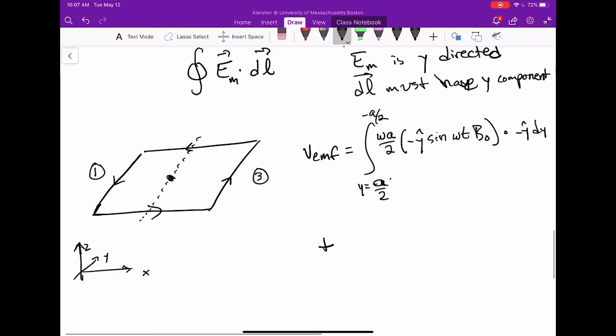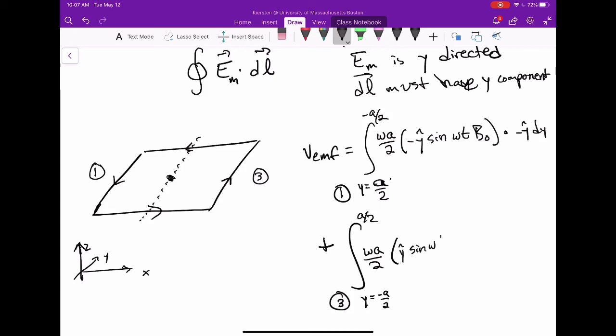Plus, and this is the contribution from side 1, and now we have to do the contribution from side 3, which is going to be the integral from y equals minus a over 2 to a over 2, omega a over 2, minus n hat cross b, so that's going to be y hat sine omega t b naught, dotted with dl, which in this case is going in the plus y direction, so that's y hat dy.